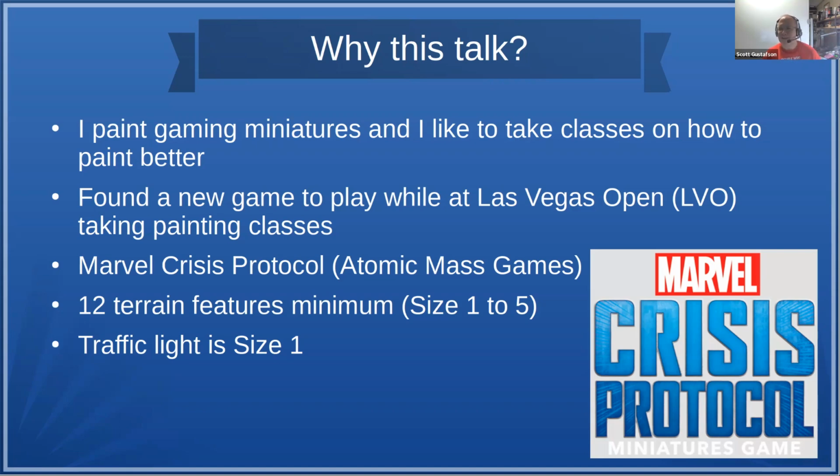But all of the Marvel characters, so the Avengers, and it was so fun to watch. And part of the game is you have to have terrain. So the Hulk basically can throw things, and he can throw buildings and trash cans and small things up to a certain size. And so they have these different size limits. A traffic light turns out to be a size 1. And Hulk can throw that all over the place. So can Magneto. Magneto can move it around.